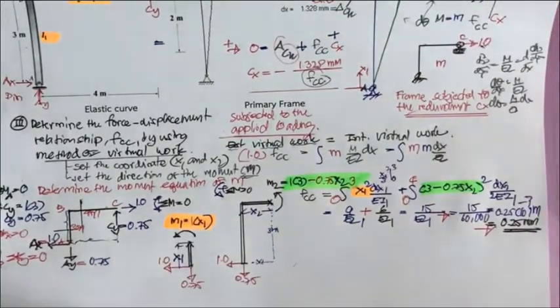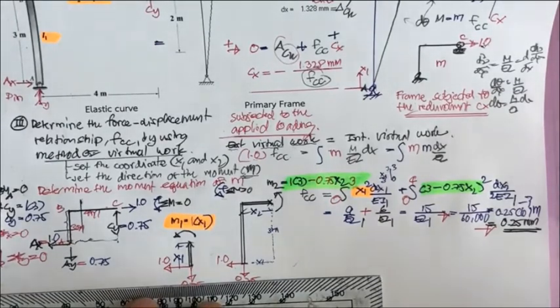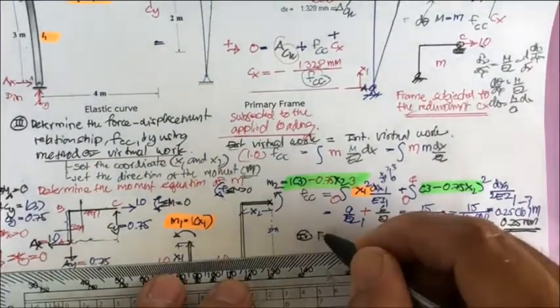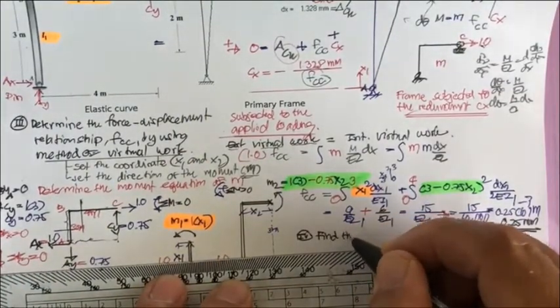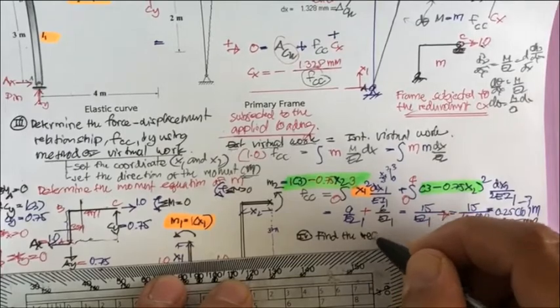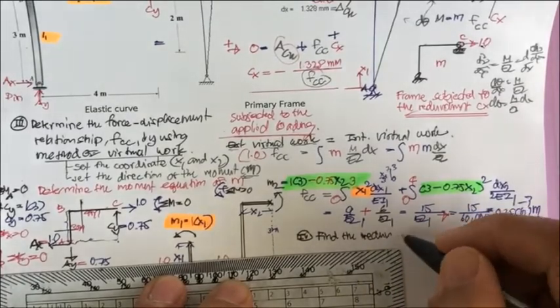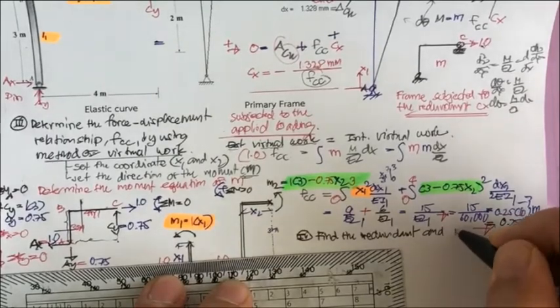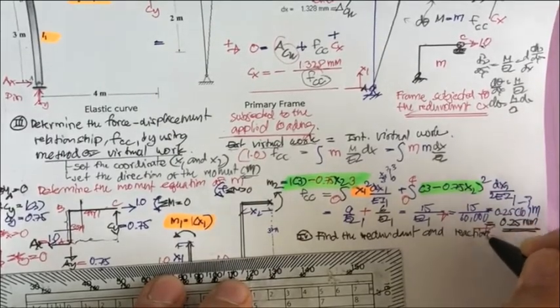Now, you just put it back in the next step. So the next step is we find the redundant and reactions. Now we plug it back to here.